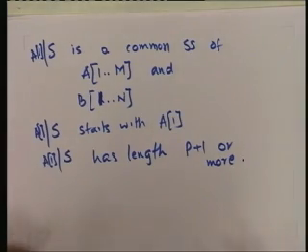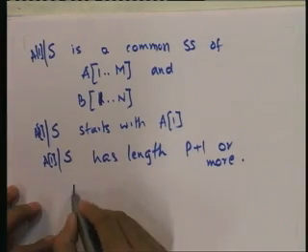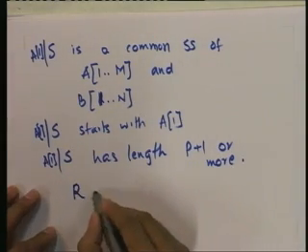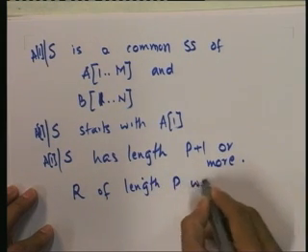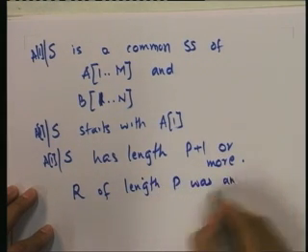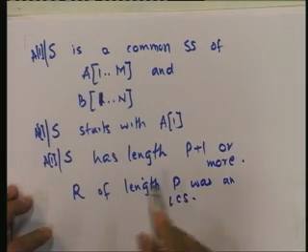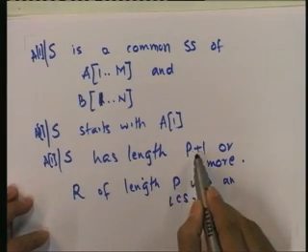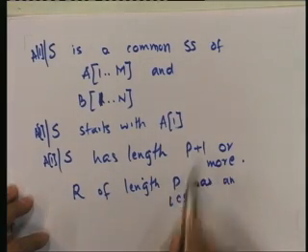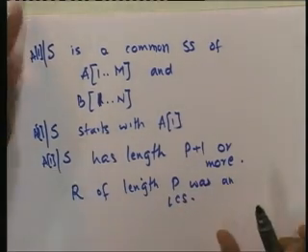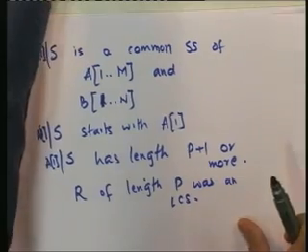But now we have a contradiction, because we said that R of length P was an LCS. So, there cannot be a longer sequence common to both, but which we have just proved has to be there, and therefore our original claim must have been true.